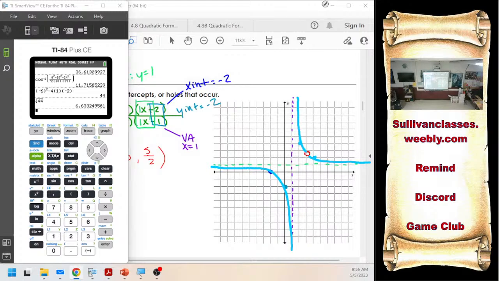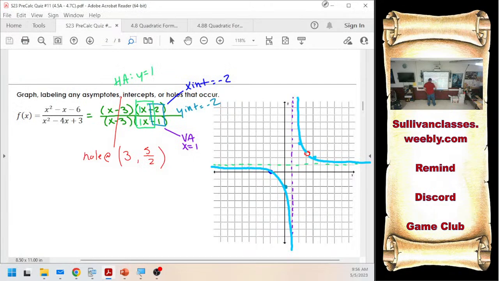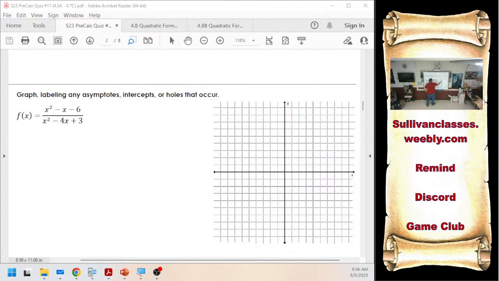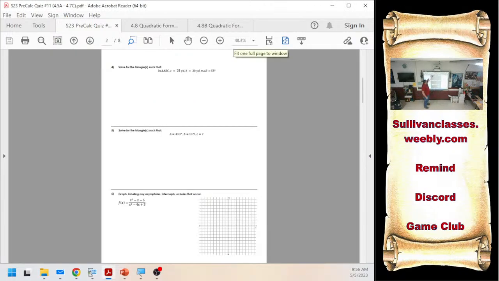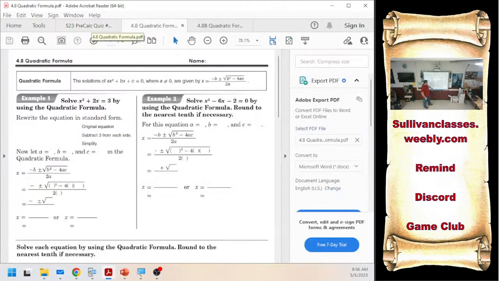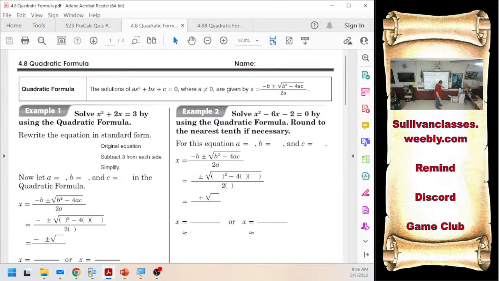So we had no assignment. We didn't really get to that part. We had started talking about and went through how the quadratic formula works. It's all about formula plug and chug.